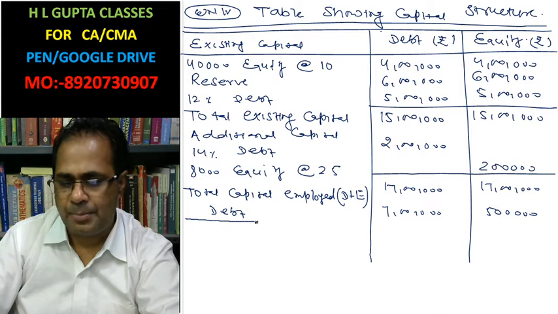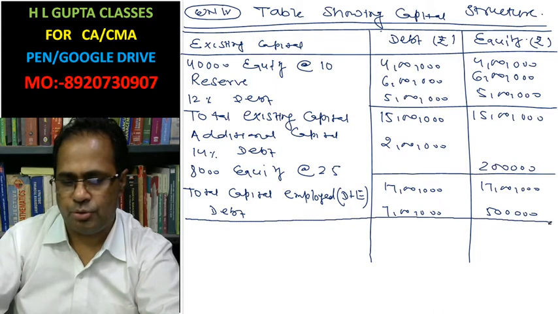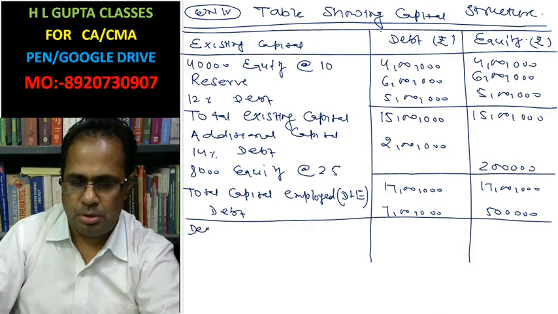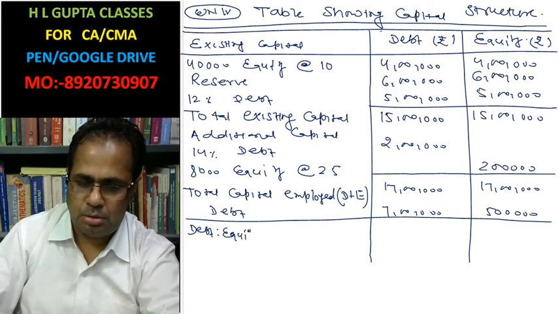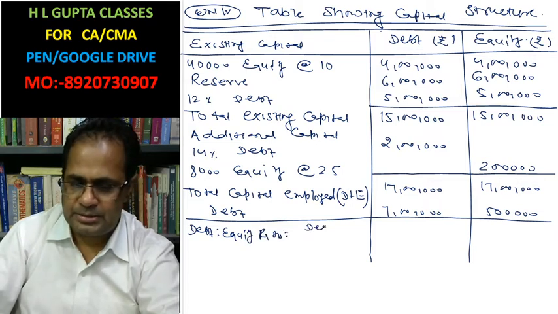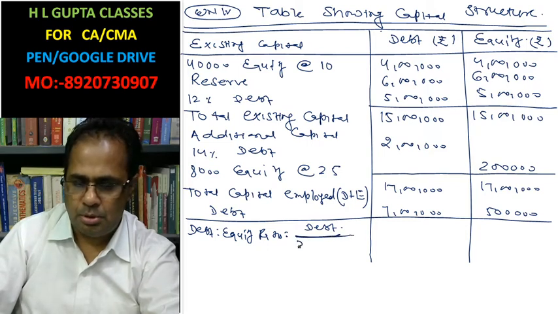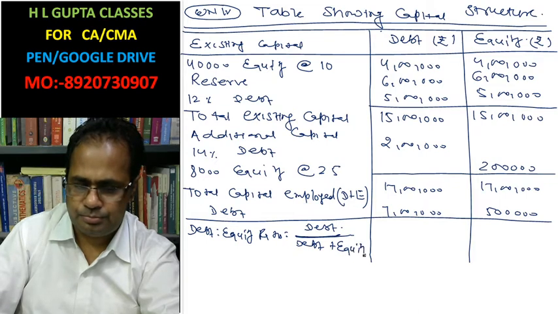Now we have to calculate the debt equity ratio. Debt equity ratio, in this case you write debt divided by debt plus equity into 100.